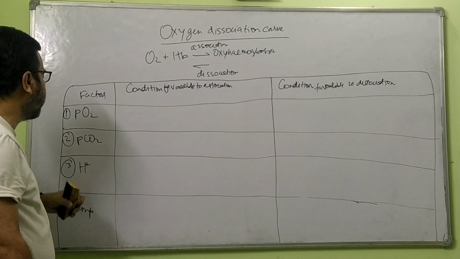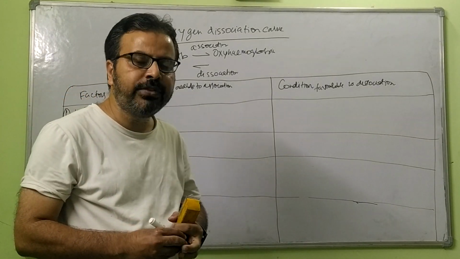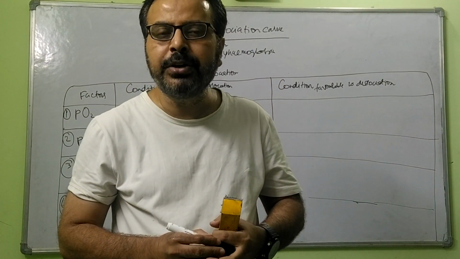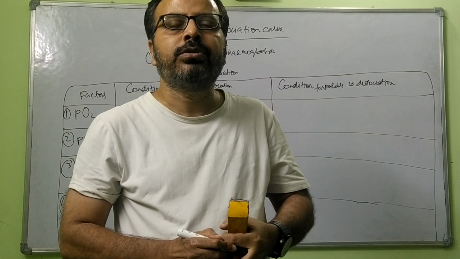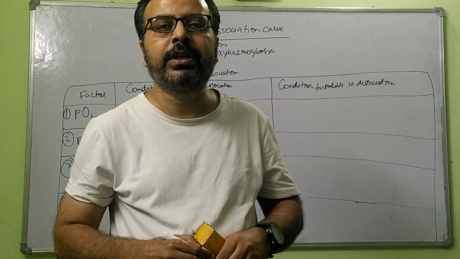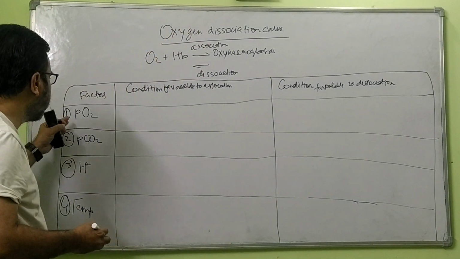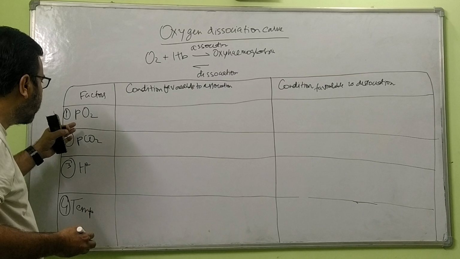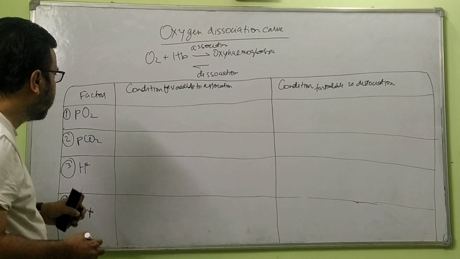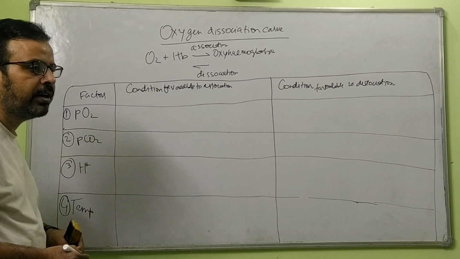First, let us discuss what partial pressure is. If there is a mixture of gases, then the contribution of an individual gas to the whole pressure is called the partial pressure of that particular gas. Here, in blood, there is a mixture of oxygen and carbon dioxide, so their respective partial pressures can affect the association and dissociation of oxygen with hemoglobin.